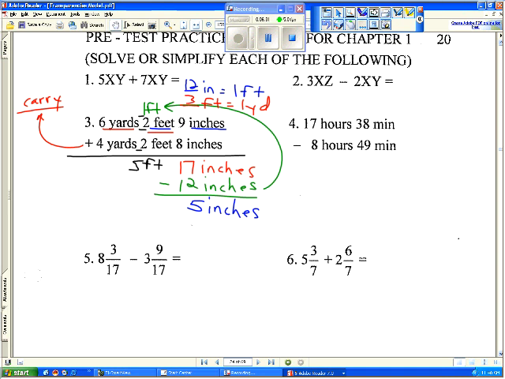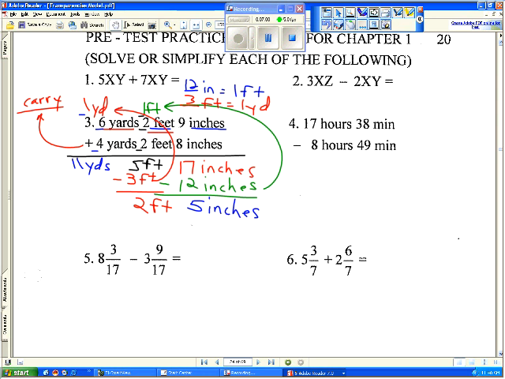So what do we do with that? Subtract it out. We take out 3 feet. That leaves us with 2 feet. And we carry the 3 feet over as 1 yard. Understand that? So now we add up our yards. 1 yard plus 6 yards is 7 yards plus 4 yards is 11 yards.